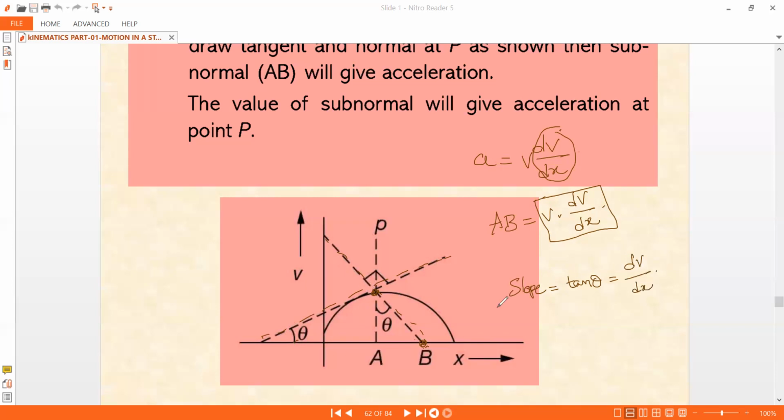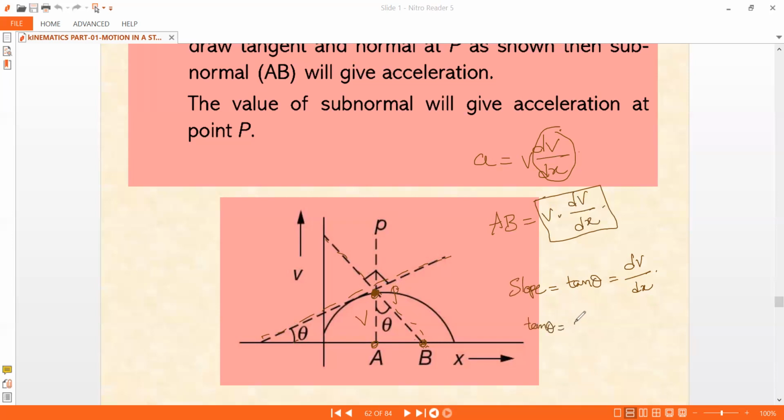Now the crux is, what is this length PA? This length PA happens to be the velocity from this curve. So take the triangle PAB and find tan theta from it.